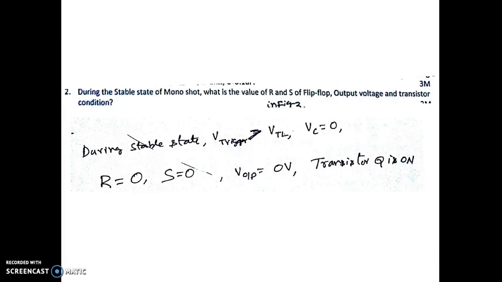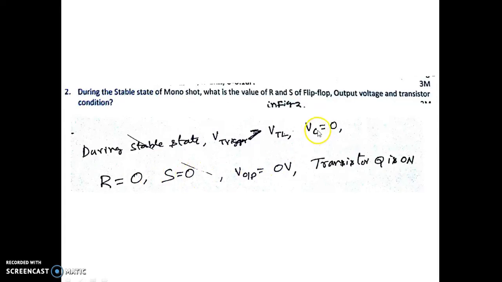Next question was, during the stable state of the monoshot, what are the values of R and S of the flip-flop, what is the output voltage and the transistor condition? Now we know that when you are in a stable state, the output of the monoshot will be 0 volts, and since the trigger voltage is always greater than VTL for a stable state, the capacitor voltage will be 0, and we're going to have R and S in the 0 condition.